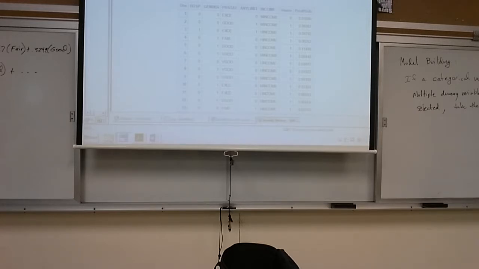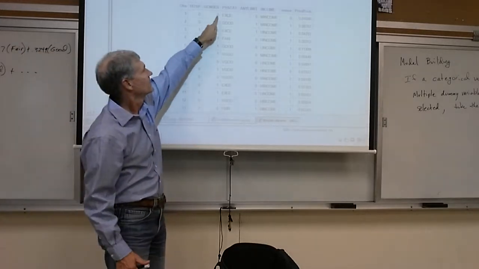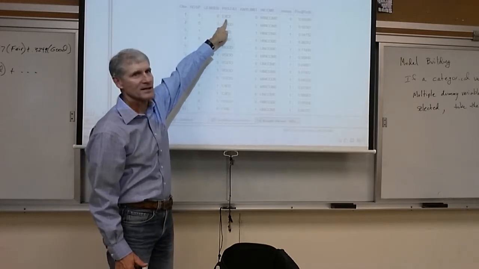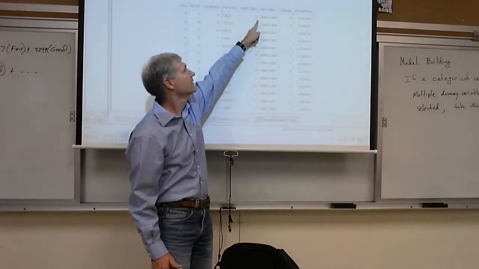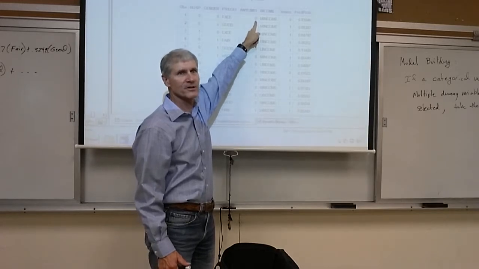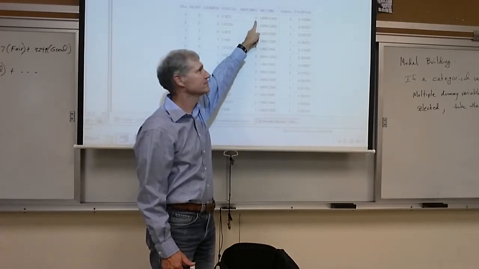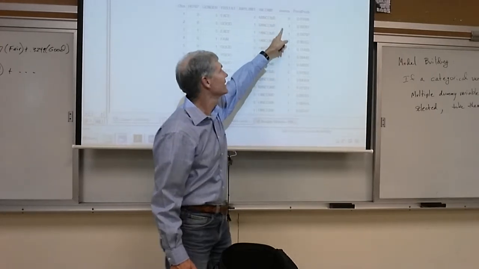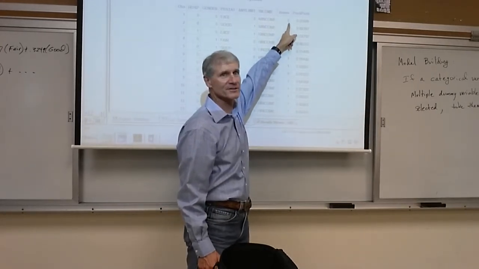For the very first observation, it is a person who was 0 gender, male, excellent health, no limits to their functional whatever, medium income, but did not have insurance.